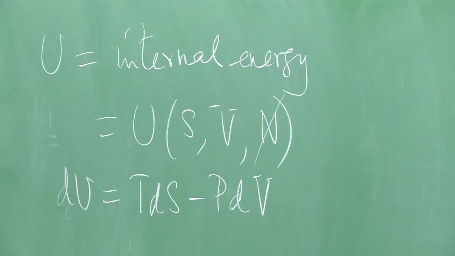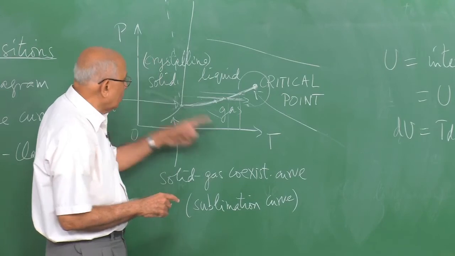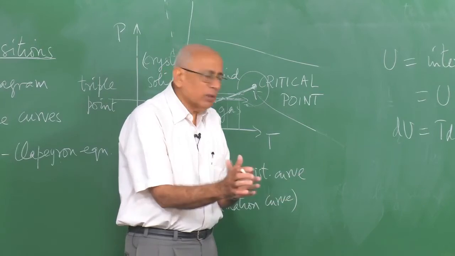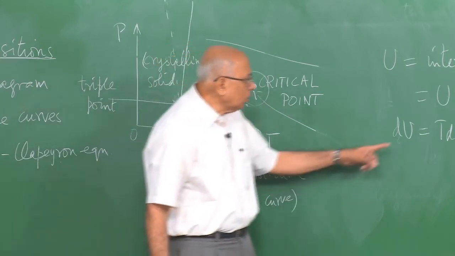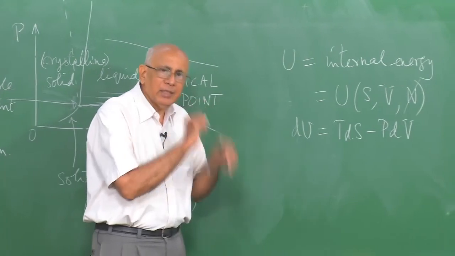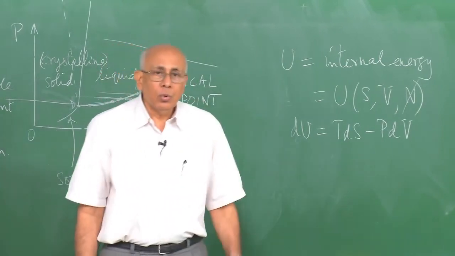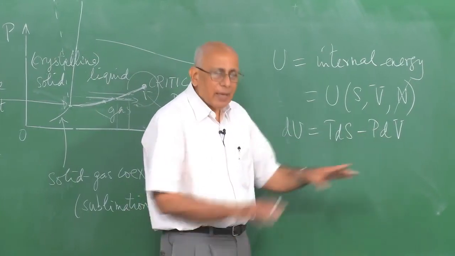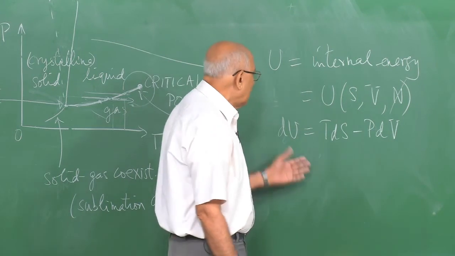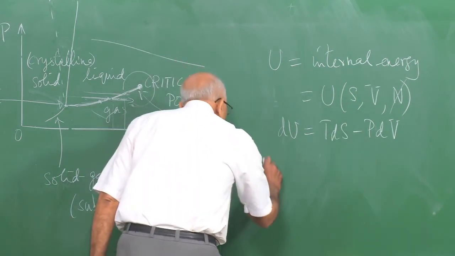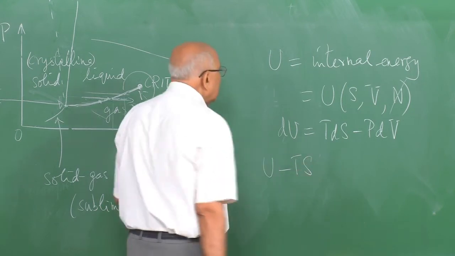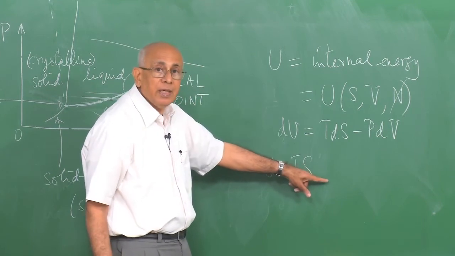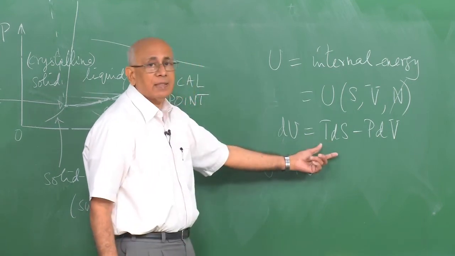But now I would like to be able to control the temperature and the pressure, those are my control parameters if you like, and I would like to maintain those fixed for both the phases across the phase transition. So I need to go from this thermodynamic potential to another energy whose differential will have a dT here and a dP here, so that I can put those two quantities to 0. Well, how would I do that? If I took U and subtracted TS from it, then if I take the derivative, dU minus TdS minus SdT, you end up with minus SdT, and this gets cancelled out.